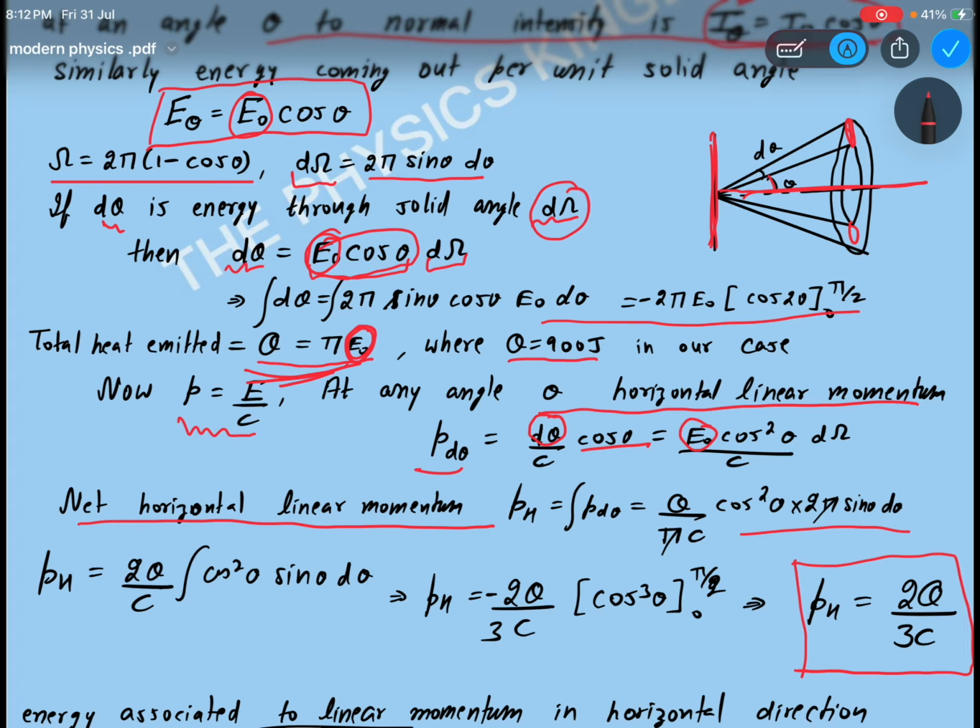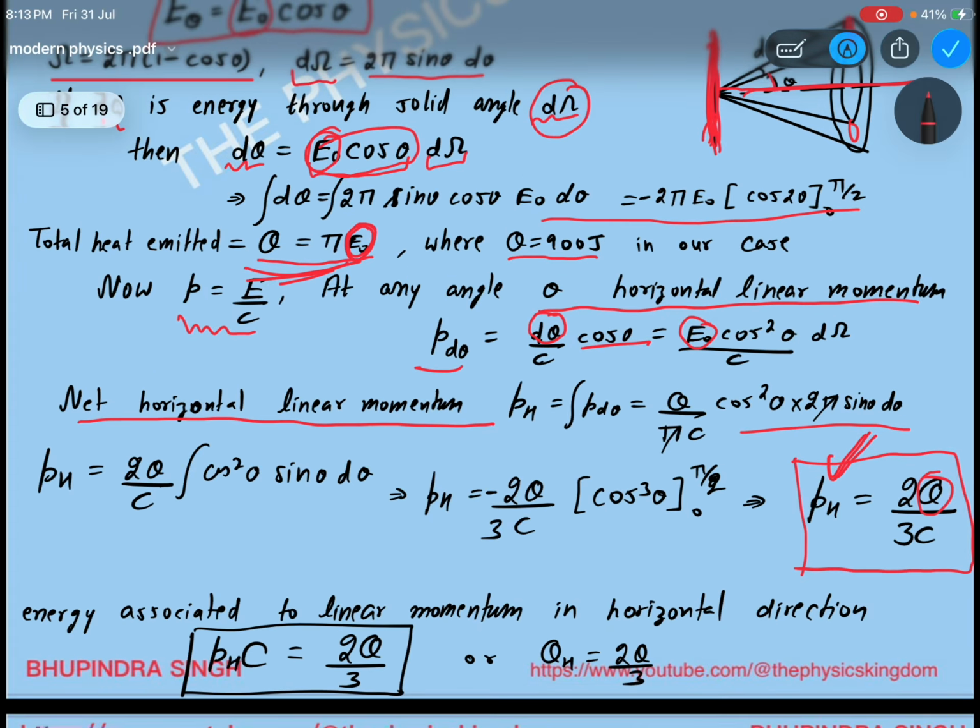It means the horizontal linear momentum of rays is equal to 2Q by 3C, depending upon how much energy is emitted from a surface which is at rest. So if Q energy is emitted, then the linear momentum of rays will be 2Q by 3C.